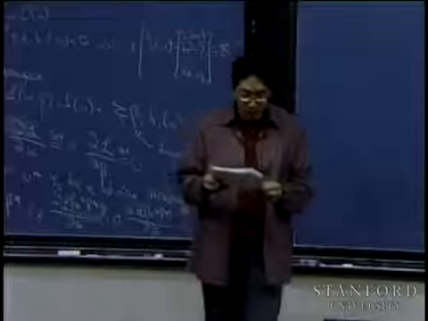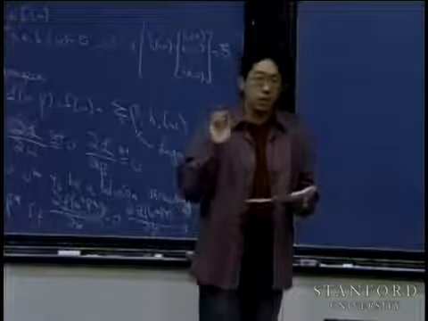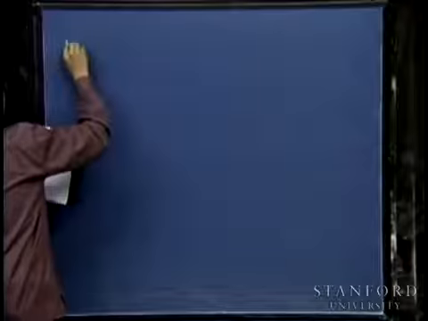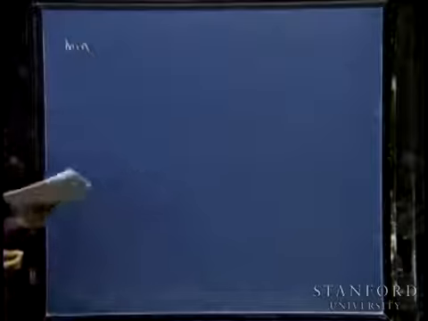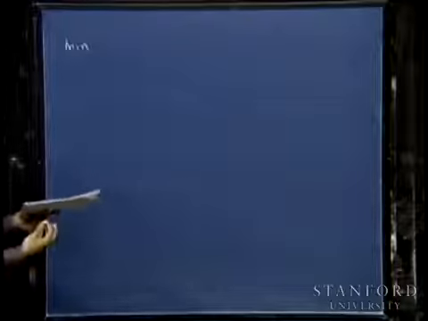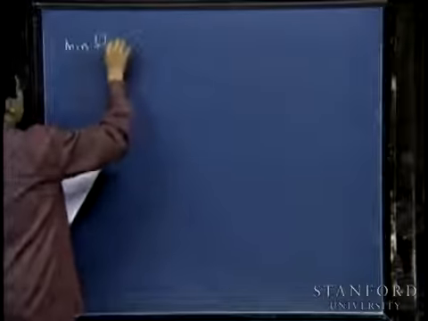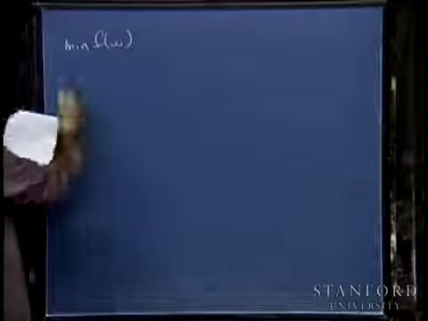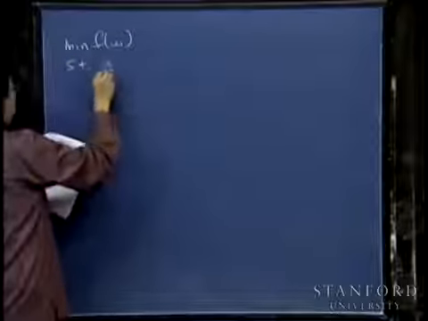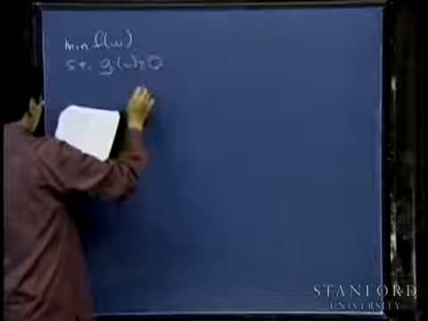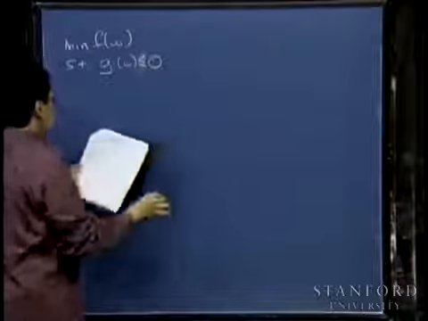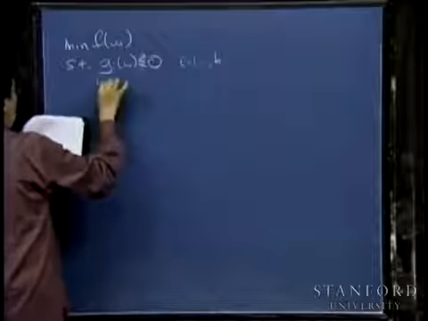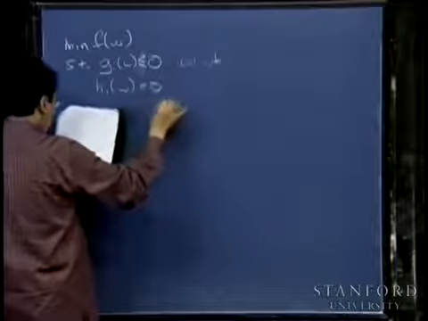So what I'm going to do is actually write down the generalization of this. Okay, and again, if you haven't seen that before, don't worry about it. This is fine. Right? So what I'm going to do is write down a generalization of this to solve a slightly more difficult type of constrained optimization problem, which is, suppose you want to minimize f of w, subject to the constraint that g_i of w is less than or equal to 0, and that h_i of w is equal to 0.